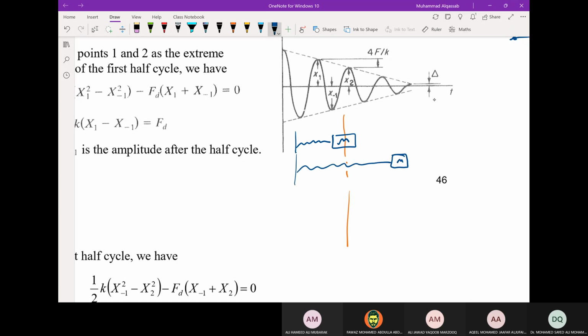This is the extreme right at the end, and we will call this X1. Okay. And the motion will start from right to left, and we'll go back, we'll pass the equilibrium and go to the left side.